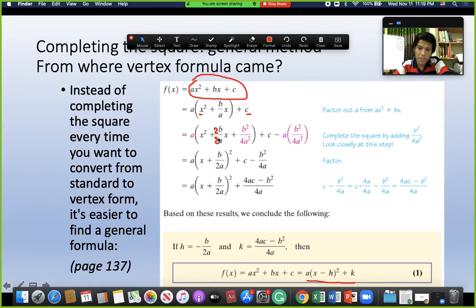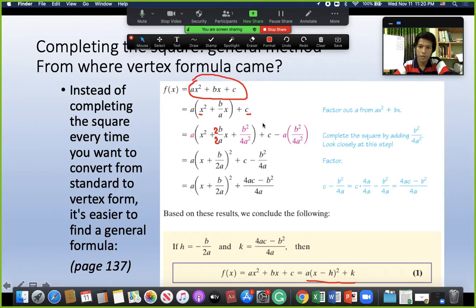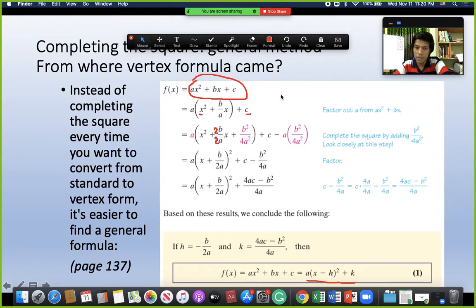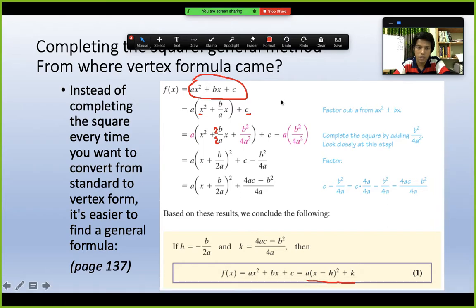So what happens if we give this 2? This 2 is for the formula, but when you give this 2, we have to give another 2 down. Then this down number becomes b divided by twice a. Let me write it here. So what happened here is x squared.